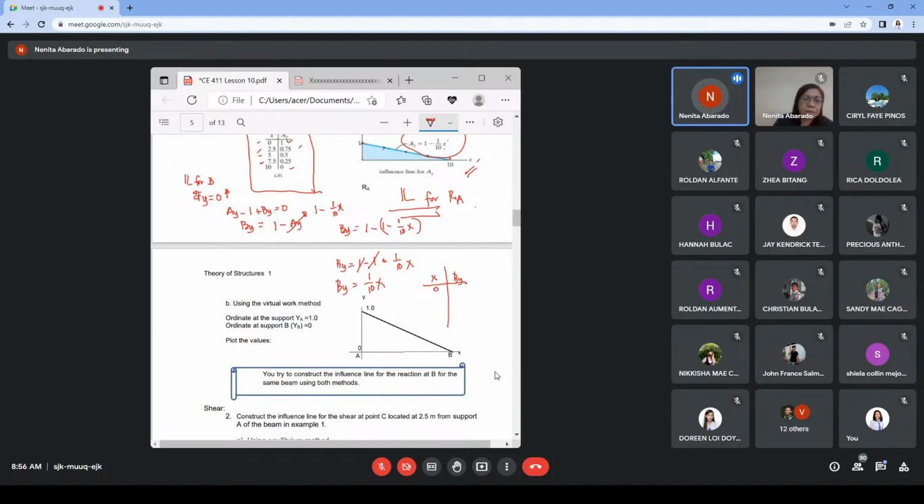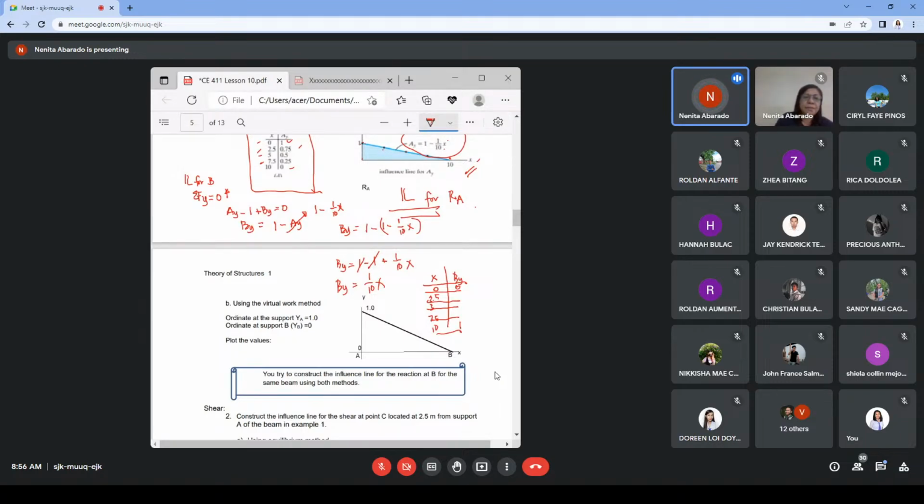At x equals 0, at x equals 2.5, at x equals 5, at x equals 7.5, and x equals 10. At x equals 0, we have 0. At x equals 10, what do we have?